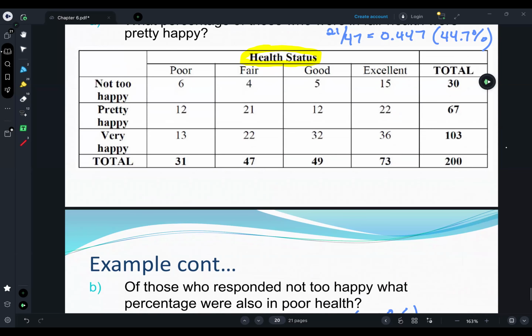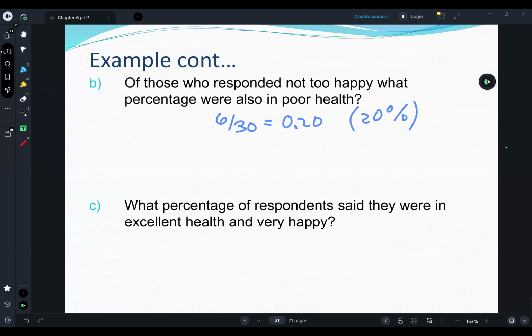So for this question, it's going to be this: excellent and very happy. And what's the denominator then? 73, 103? Yes, that's it. 36 divided by 200, because it says what percentage of the respondents?